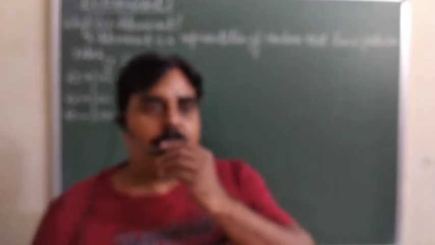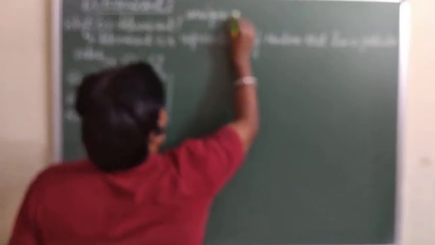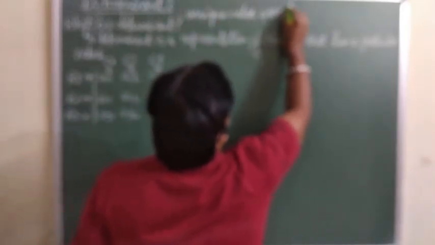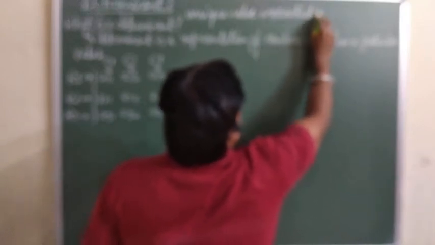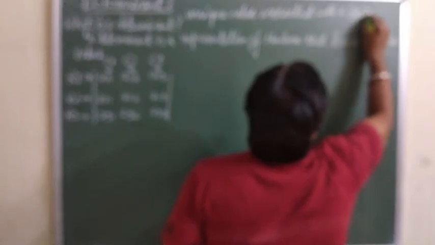Hello everybody. Now, determinant. First of all, we will discuss what a determinant is. A determinant is a representation of numbers that has a particular value, you can say a unique value, associated with a square matrix.